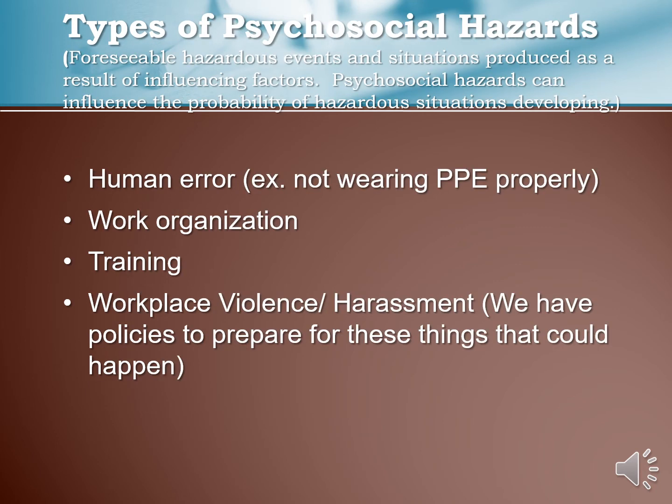Types of psychosocial hazards. This is the last hazard we will discuss. Psychosocial hazards are foreseeable hazardous events and situations produced as a result of influencing factors. Psychosocial hazards can influence the probability of hazardous situations developing.